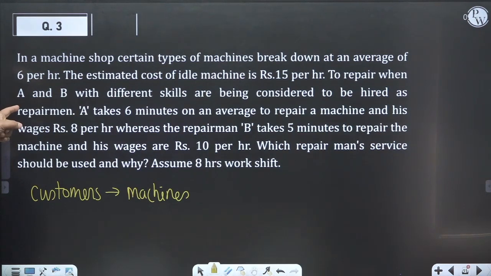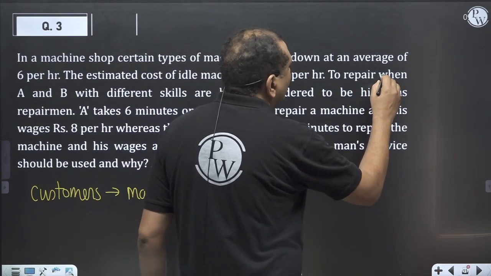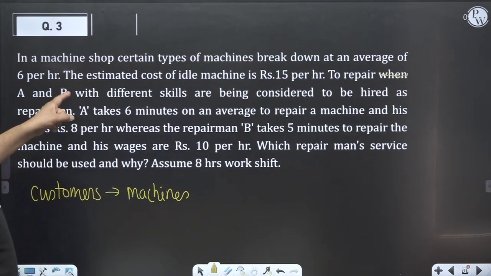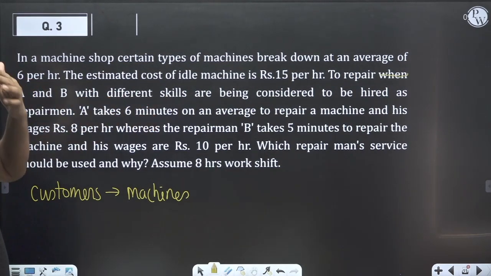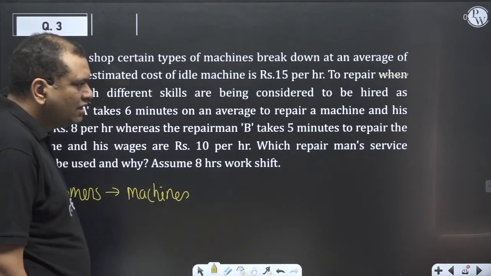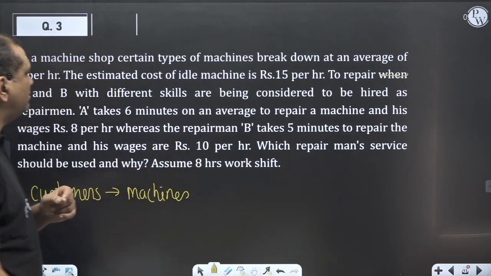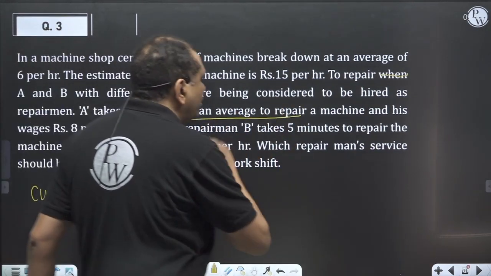Two repairmen, A and B, with different skills are being considered to be hired. A takes 6 minutes on an average to repair.